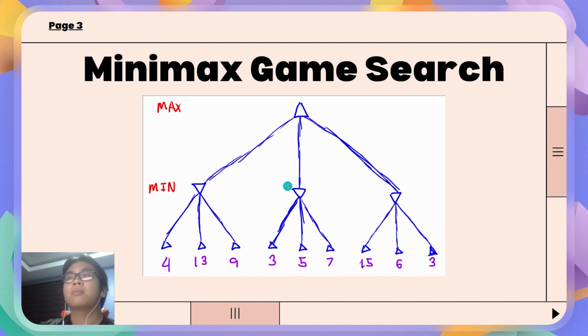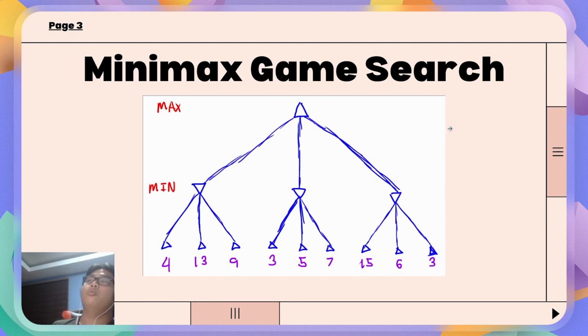Okay? Then, at the very last nodes, we see the possible costs, or the final values of the game. There are 9 possible final values of the game depending on the decisions of player 1 and player 2.